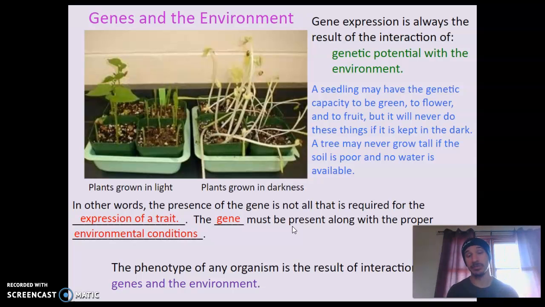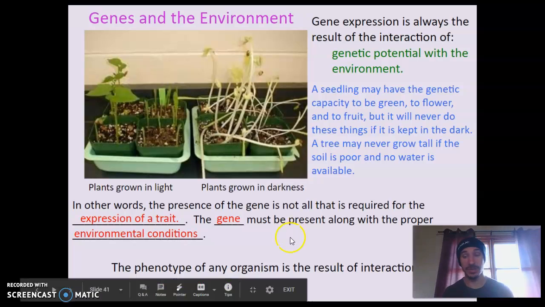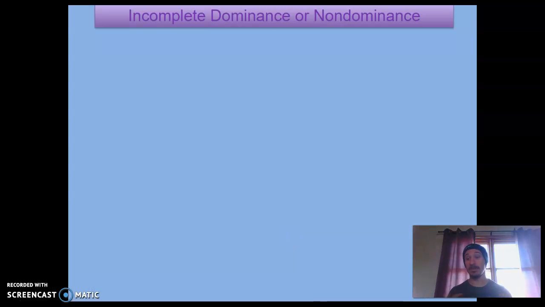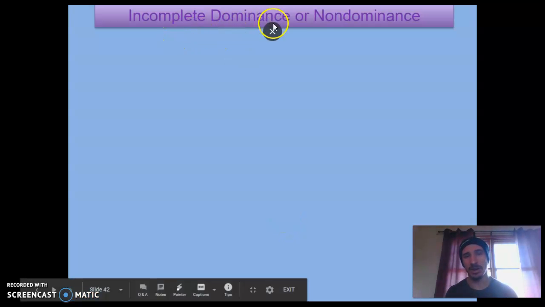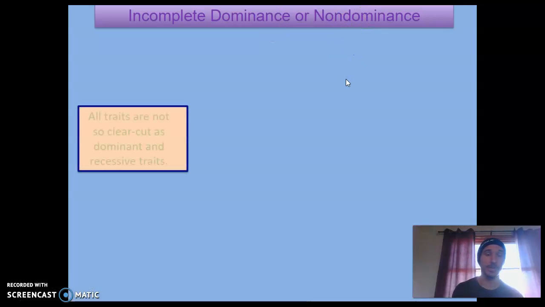I think that's very, very important for us to keep in mind as we get really DNA driven in this unit, which is not a problem. Okay, so let's talk about this first pattern of inheritance. It doesn't exactly follow Mendel's rules. We call it incomplete dominance, or you'll also see it written as non-dominance. So, all traits basically are not so clear-cut as dominant and recessive.